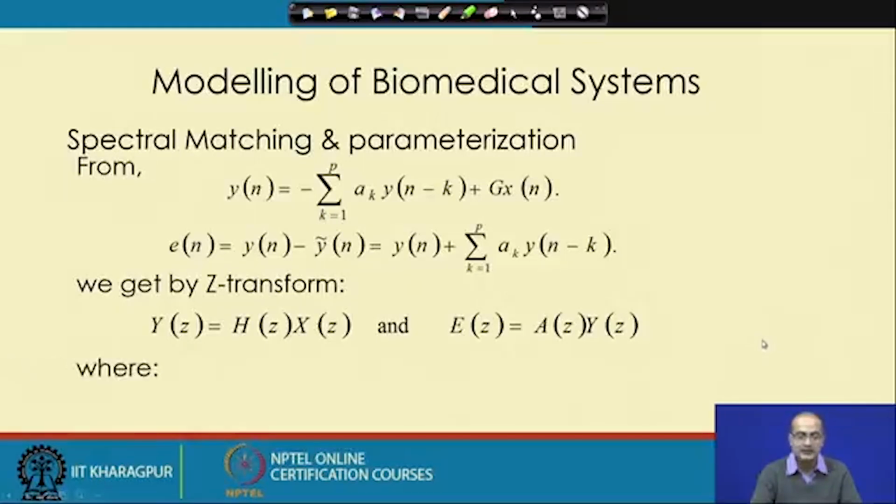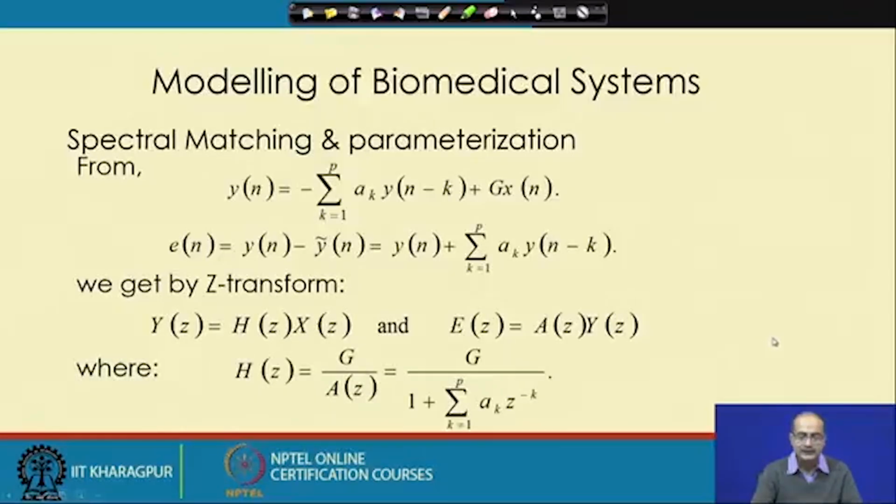They have some relationship, because H(z) can be represented as G by A(z). So, these two filters, H(z) and A(z), are inversely proportional to each other and they have a relationship in that way.